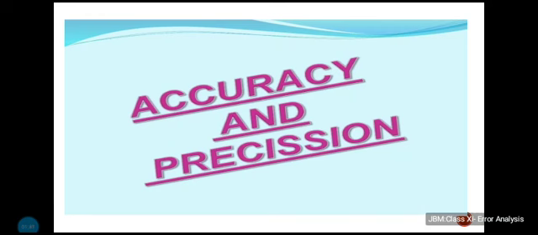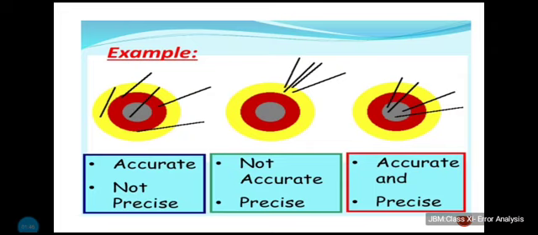We shall distinguish between two terms, accuracy and precision. Now, you can check this picture in order to have a better understanding of accuracy and precision. What can you understand by observing these three pictures?